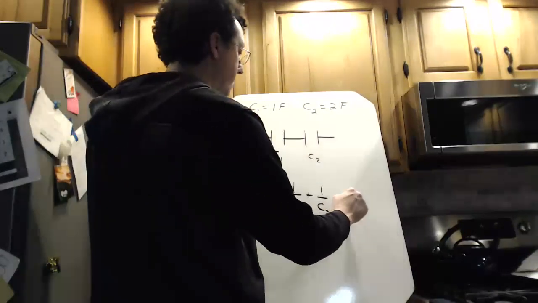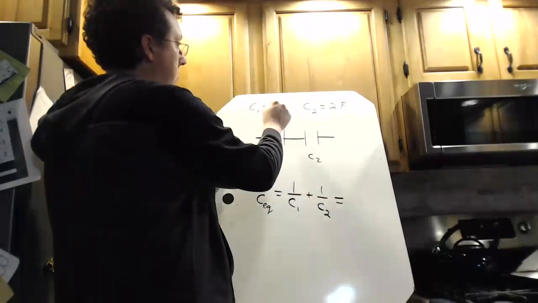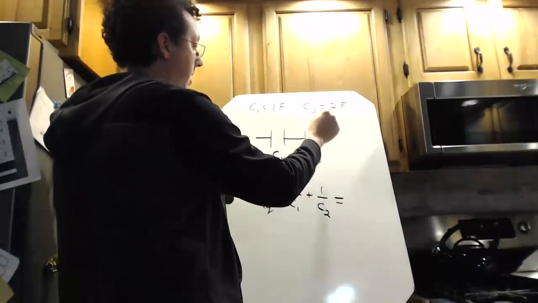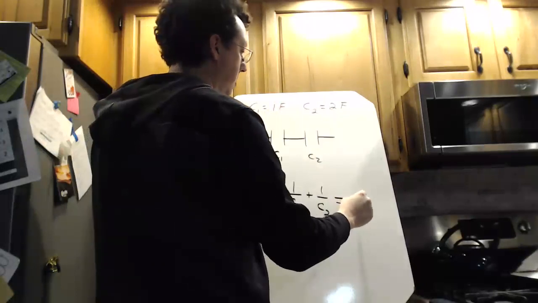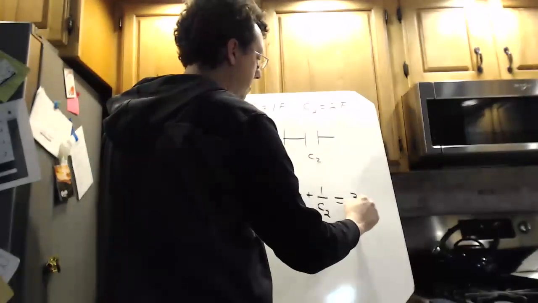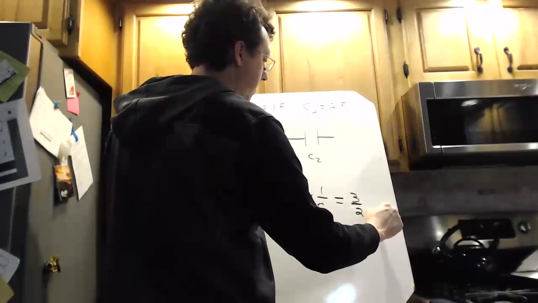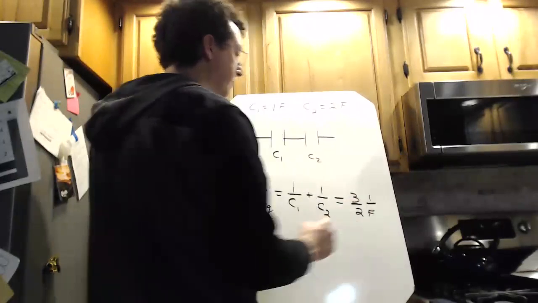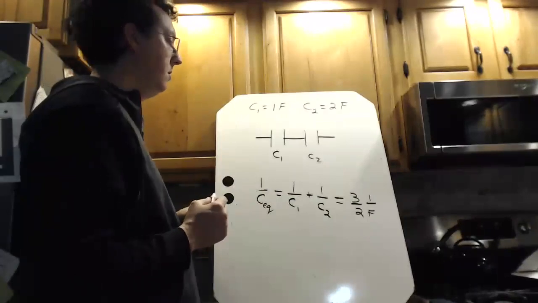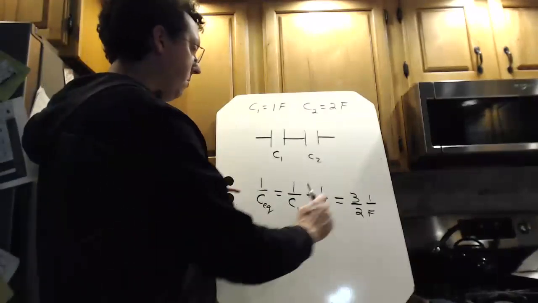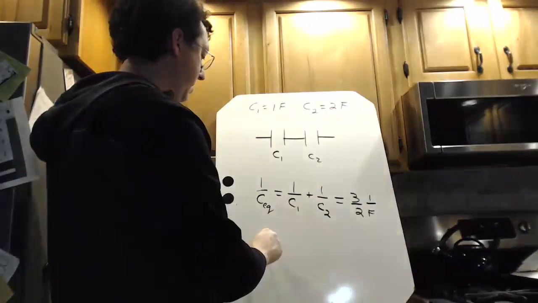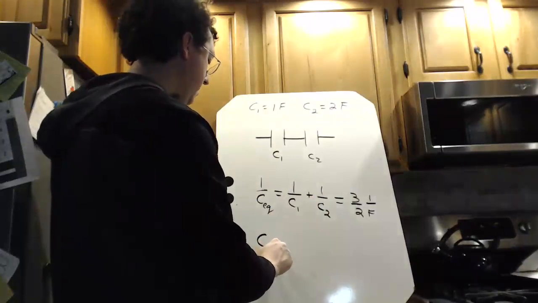Plugging in my numbers, I see that that is 1 plus a half, so that's going to be 3 halves, and then there's a 1 over farads down there. Now, to find C equivalent, I have to flip it one last time. That's the part that people forget.